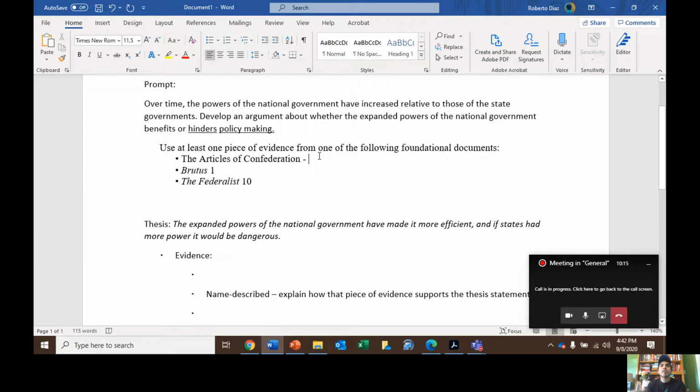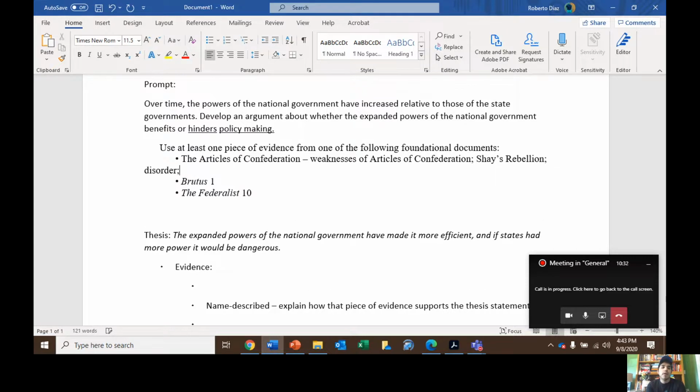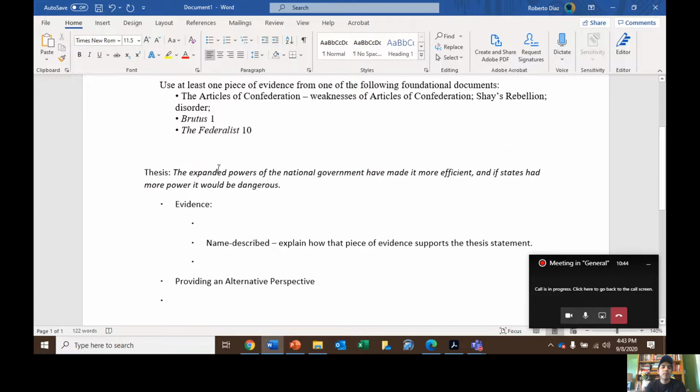And we can use the Articles of Confederation and discuss the weaknesses of the Articles of Confederation specifically, and the chaos engineered by Shays' Rebellion, and the disorder, etc., to support this thesis statement, this idea that the national government should have more and increasing power, etc.